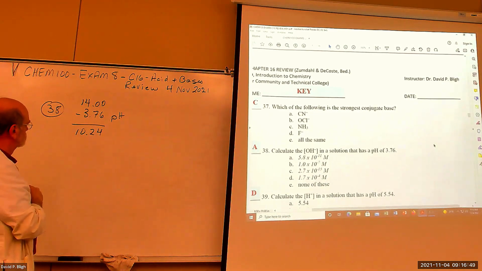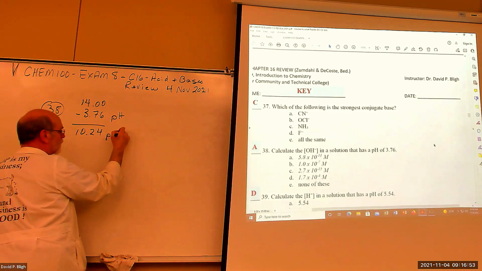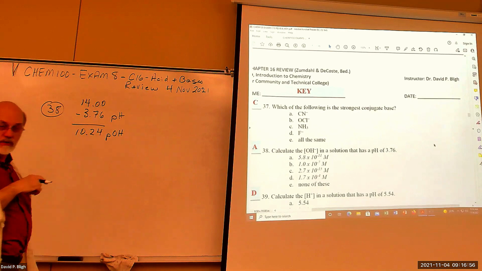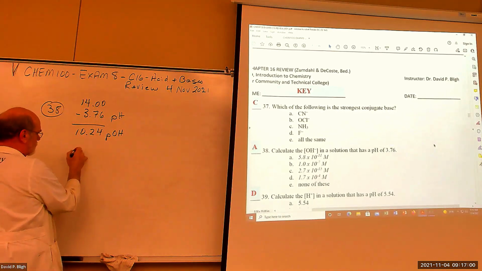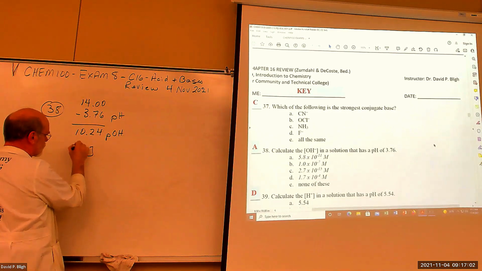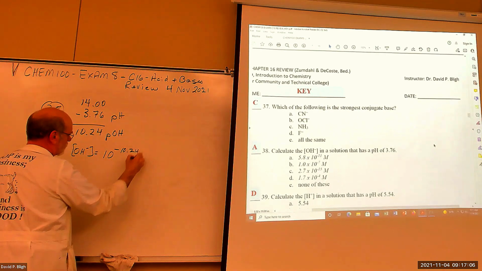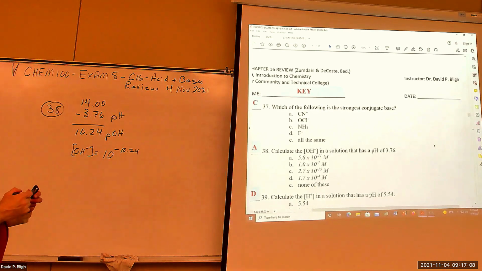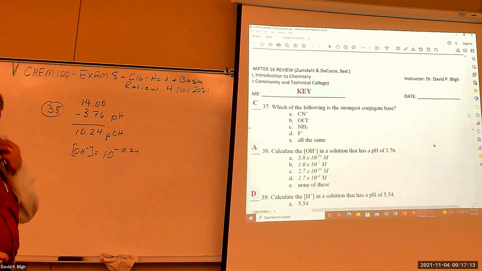Right? Yeah. This would be the pOH. And then you do your conversion here to the OH concentration. So OH minus concentration would be 10 to the minus 10.24. And that should be equal to 5.8 times 10 to the minus 11.